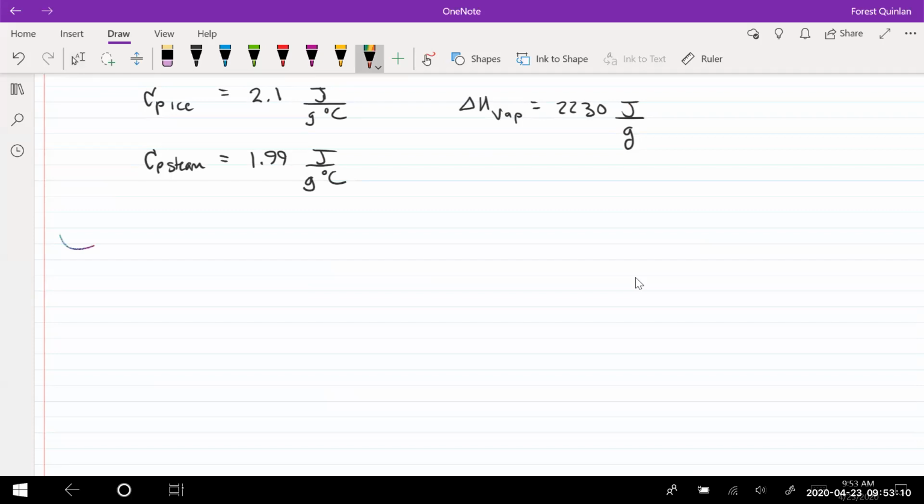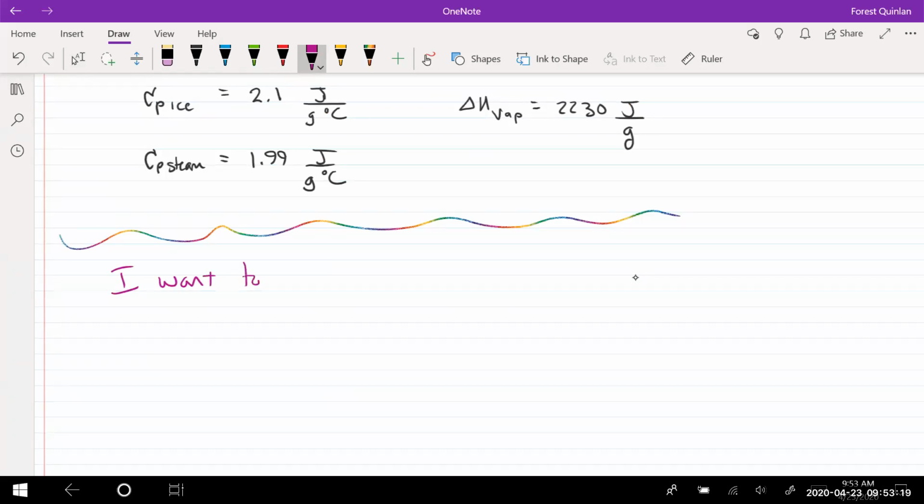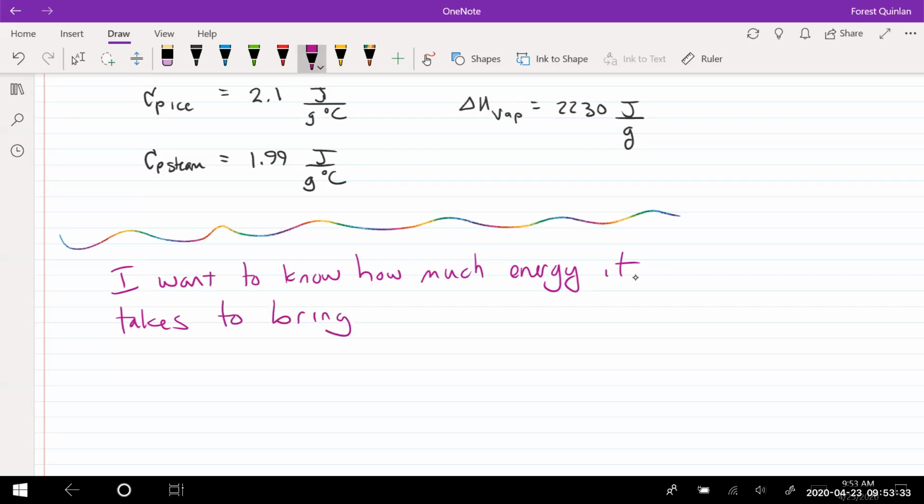So my problem here is going to be: I want to know how much energy it takes to bring 10 grams, just 10 grams, of ice at -10 degrees Celsius to steam at 110.